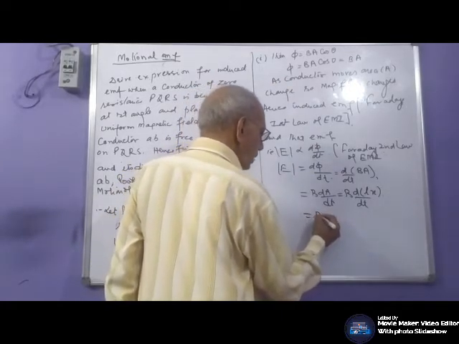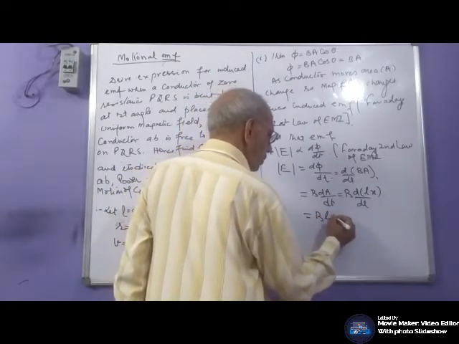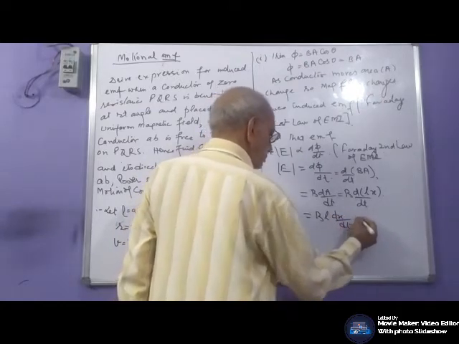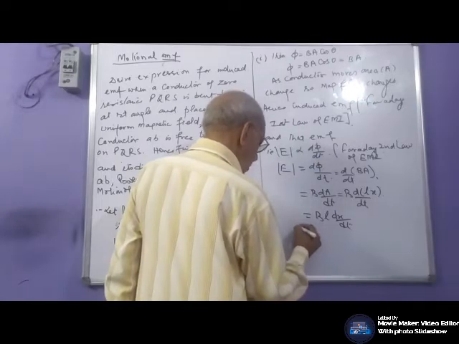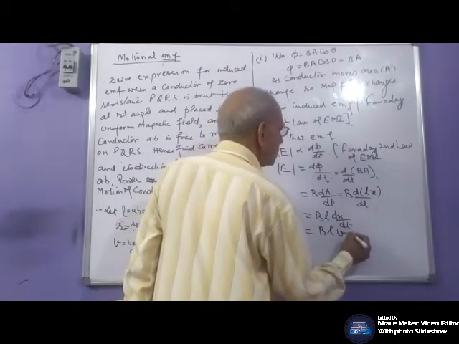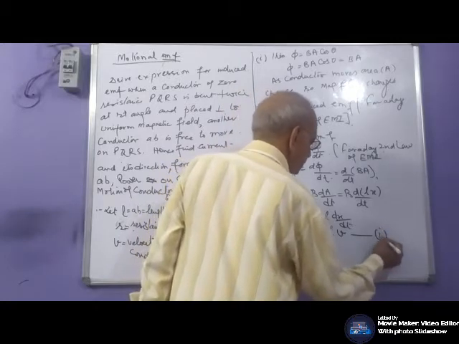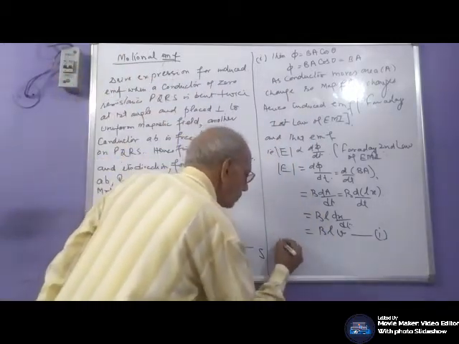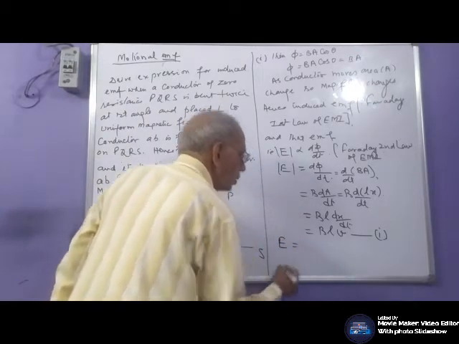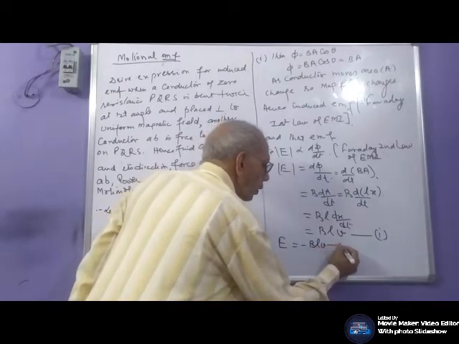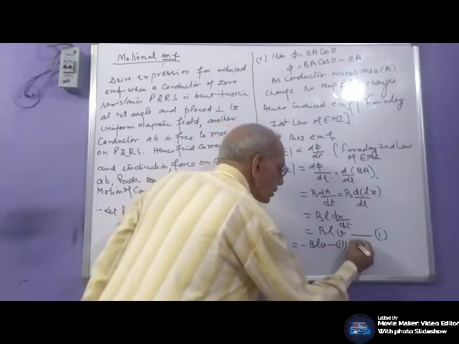L constant, length of conductor, dx by dt, or it is B L dx by dt, so e is minus BLV. Why minus? Lenz's law.